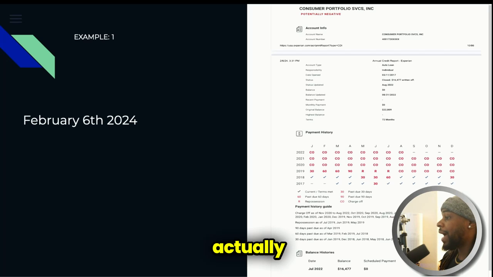The government actually made it a law that this particular place has to provide you with your full credit report once a year. Now it's once a week currently, but at least once a year. That way you get the full information.